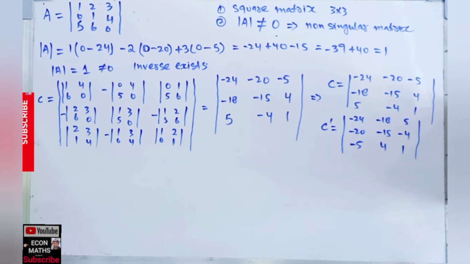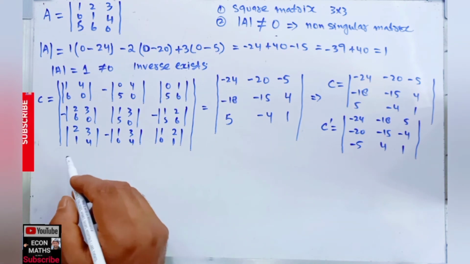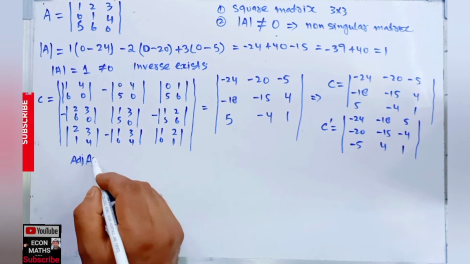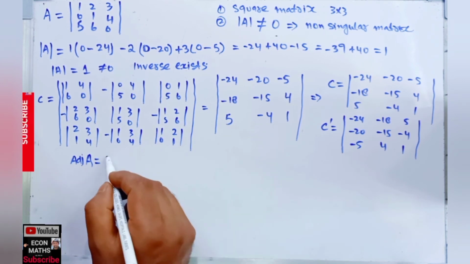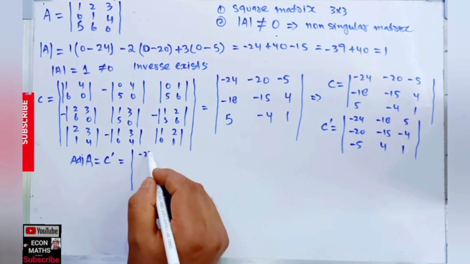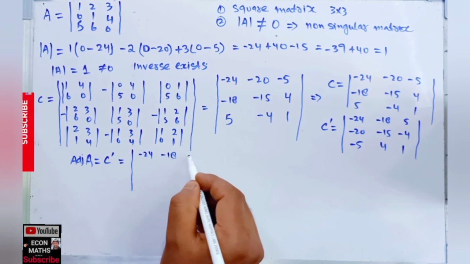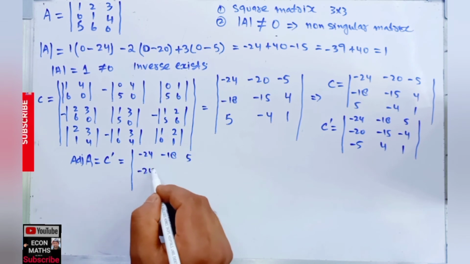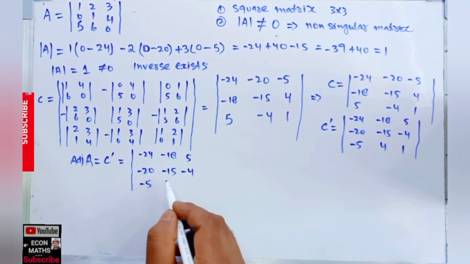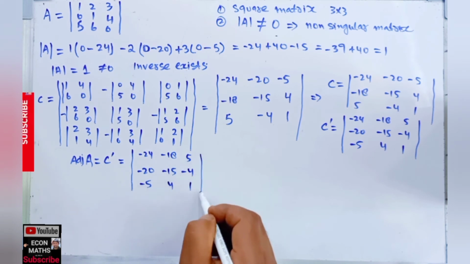So this is the transpose or the adjoint matrix. Now adjoint of A is equal to the transpose of C, which we got here, which is minus 24, minus 18, and 5, minus 20, minus 15, minus 4, minus 5, 4, and 1.